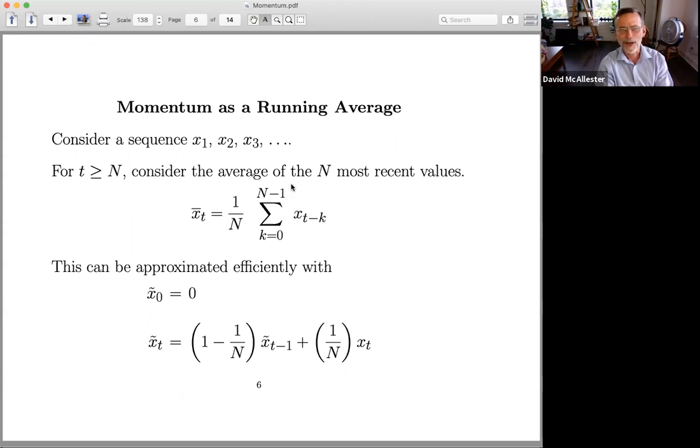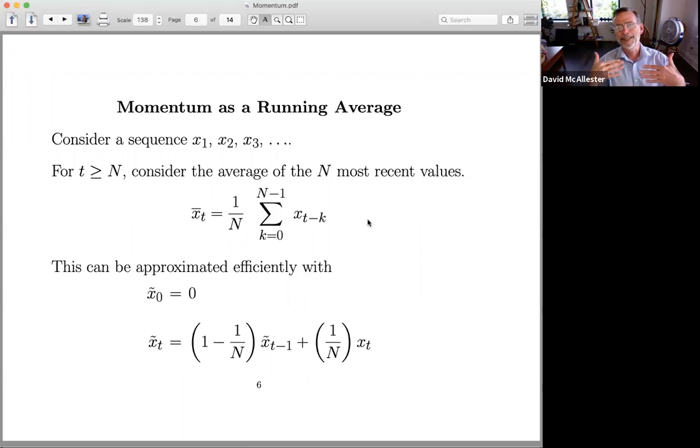When I run on my watch, it gives me the most recent mile rolling average of my speed. I actually don't like that. I'd much prefer what I'm about to say. But if you consider an average of the n most recent values, this is the kind of rolling average. So this is just the formula for that rolling average of the n most recent values.